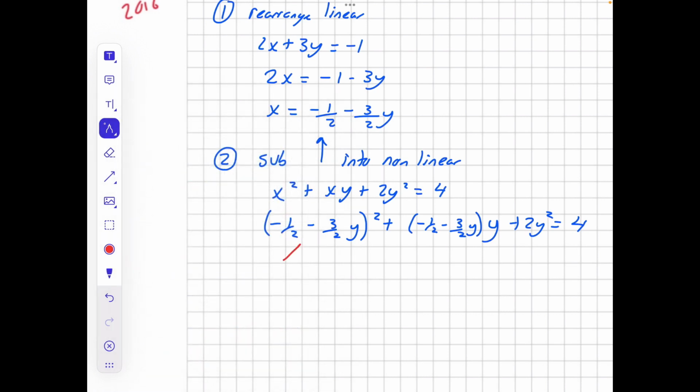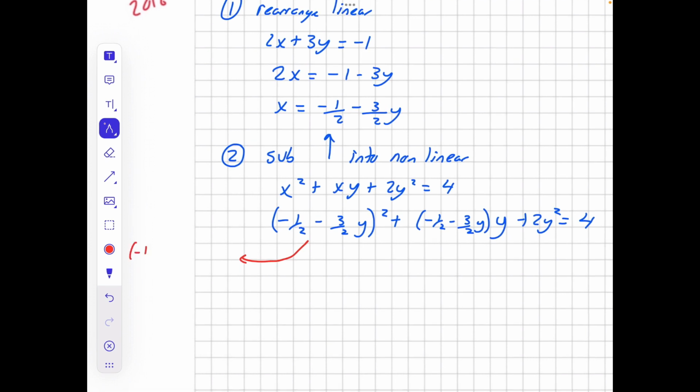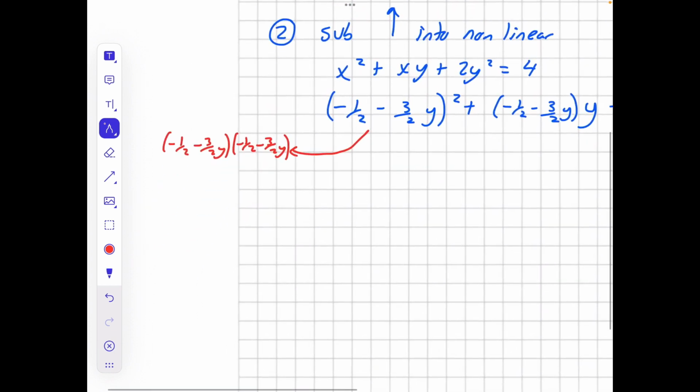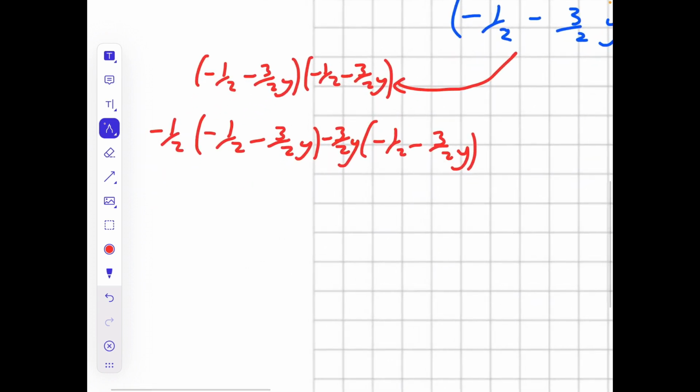Now, I'm going to go off to the side and square out this bracket. So I'm going to write it out twice. Write down the second bracket twice, and split up the first bracket. This is messy, so just nice and slowly.